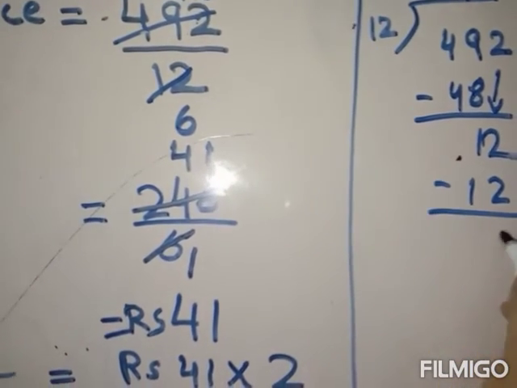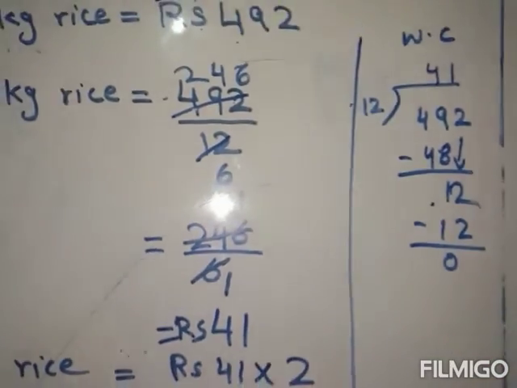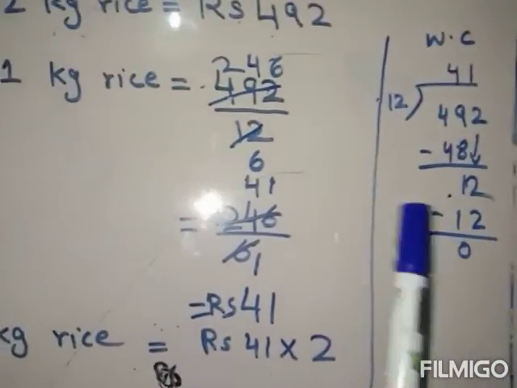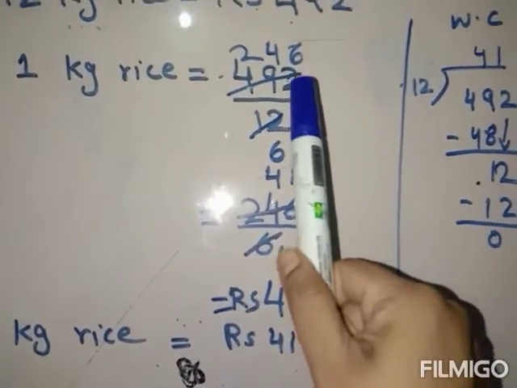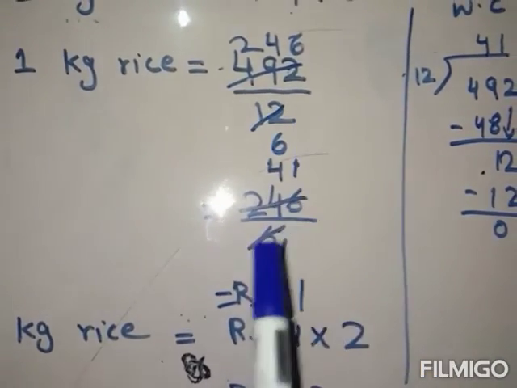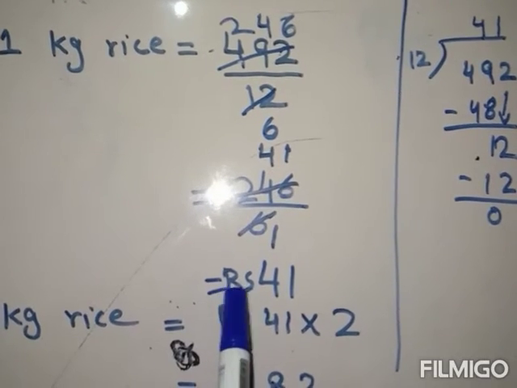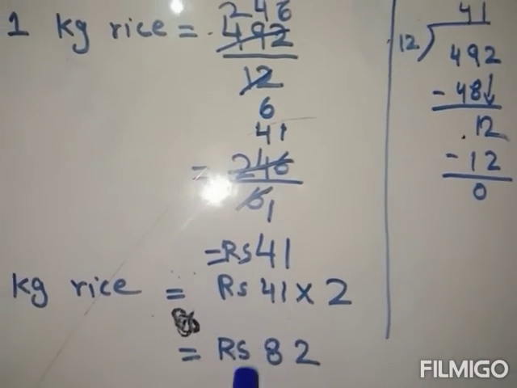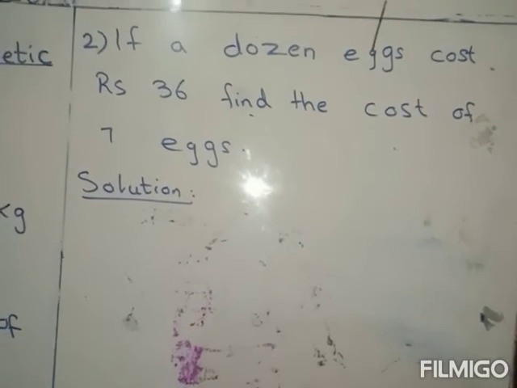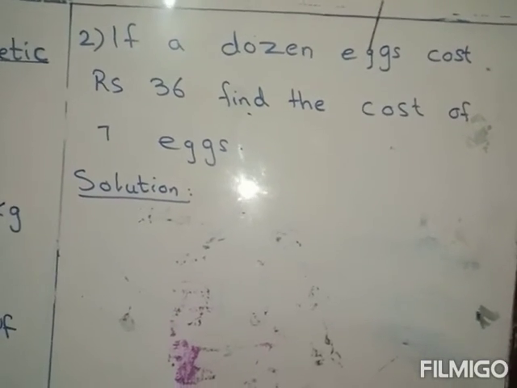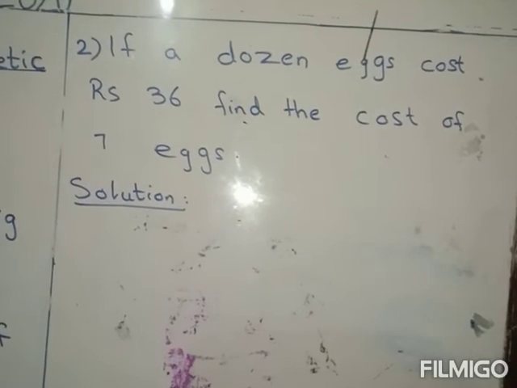So 41 is the answer. If you are adopting this way, you will not do this procedure. You will just write 492 over 12 and you will directly write rupees 41, and then you will do this procedure. Okay students, our second part is, if a dozen eggs cost rupees 36, find the cost of 7 eggs.